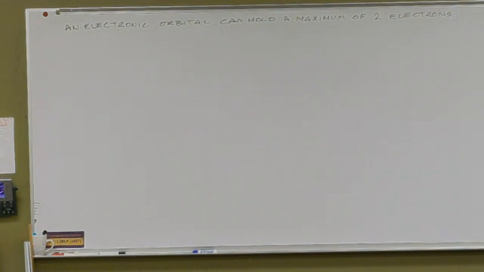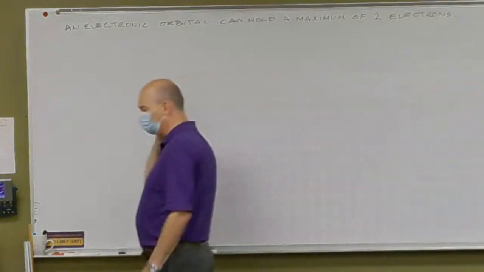As you go down, you have 0 nodes at the top, 1 node for the P, 2 nodes for the D, and then 3 nodes for the F. It makes things entertaining to have to draw those. We won't be doing the F's. Plus the chances of you ever encountering anything that contains F orbitals is limited.